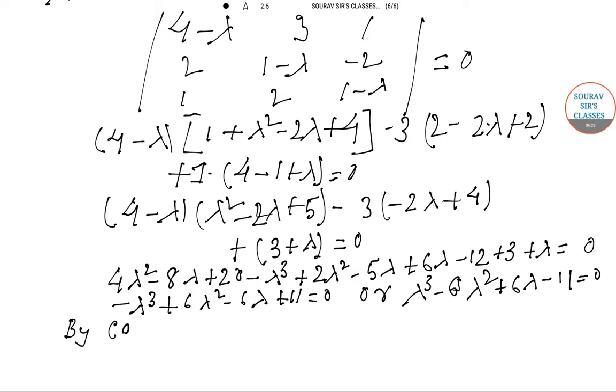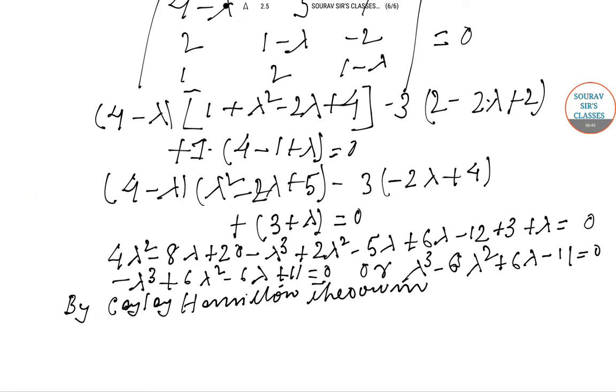Okay, so by Cayley-Hamilton theorem, you have A cube minus 6A square plus 6A minus 11I is equal to 0.